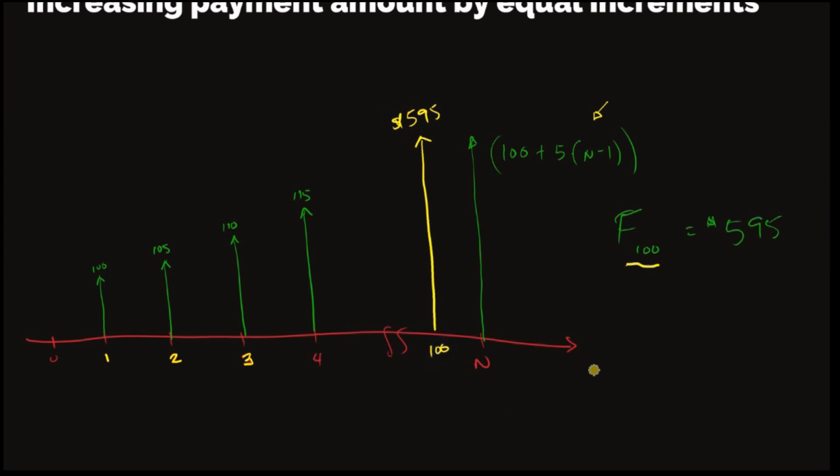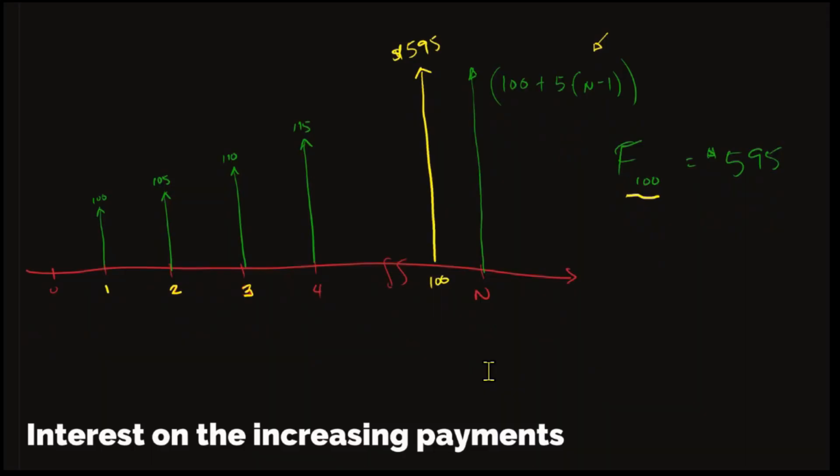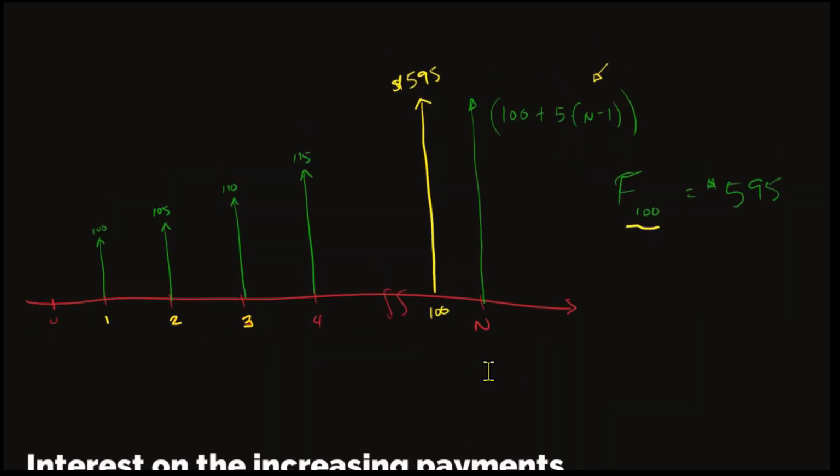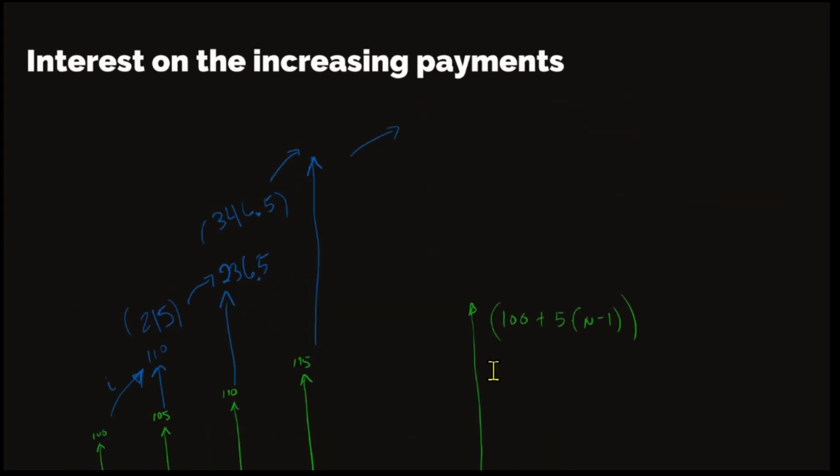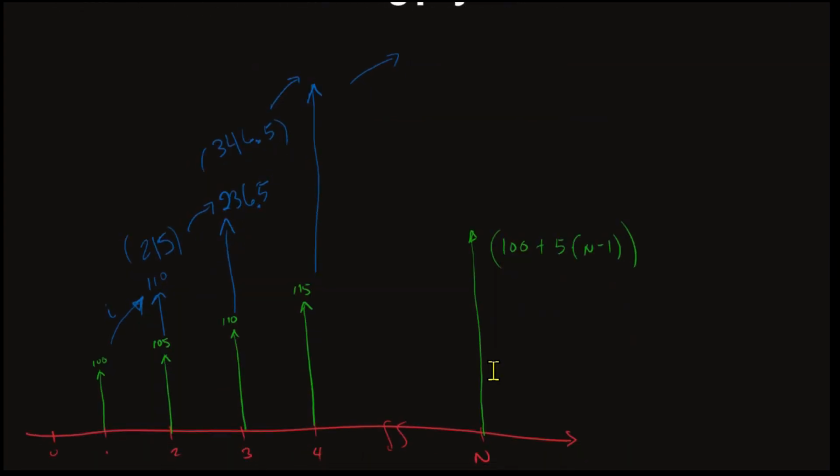Now this leads us to wonder then, what happens once we include interest, right? So now we're going to have interest effects on this series of increasing payments. So here are a series of payments up to period N. Right? We're still looking at an interest rate for illustration purposes of 10% per period. So like before, we put in our first $100 payment.